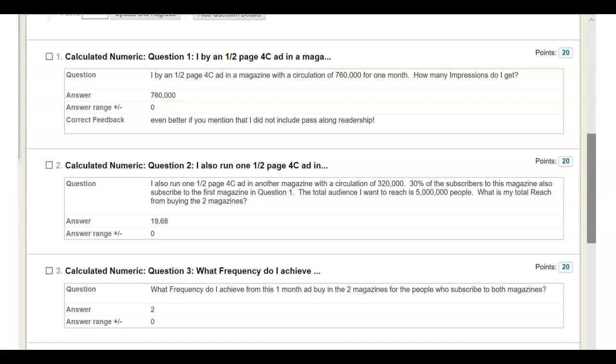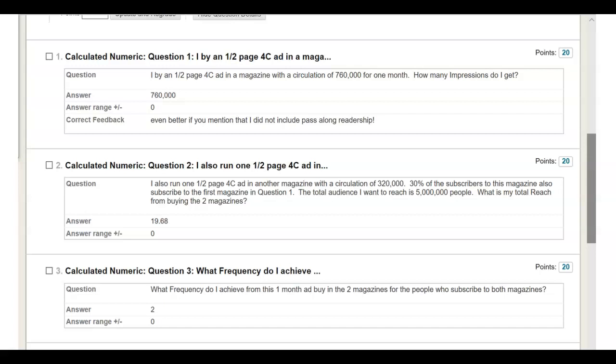And here's the one that's just like the Time and People one from the book. You buy another magazine, circulation 320,000. 30% of the second magazine's readers also subscribe to the first magazine. So what do you do? You have to take 760,000 plus 320,000 minus 30% of 320,000.